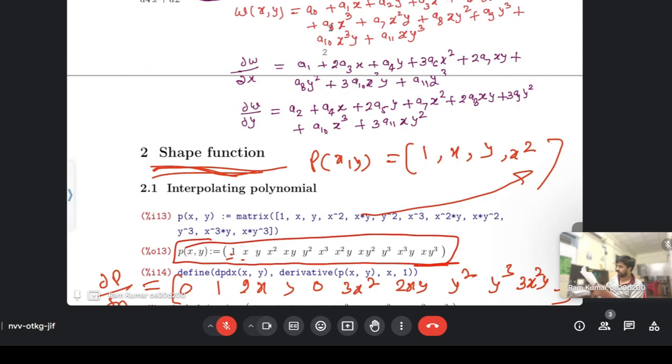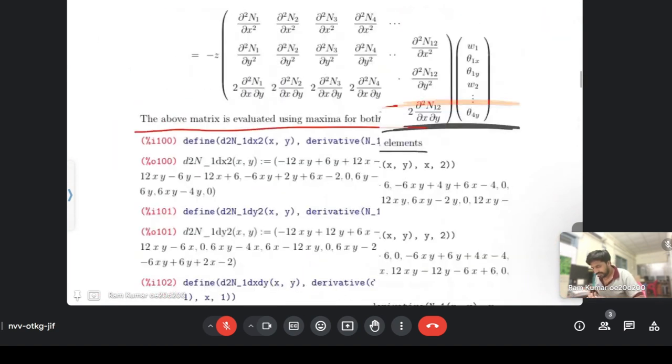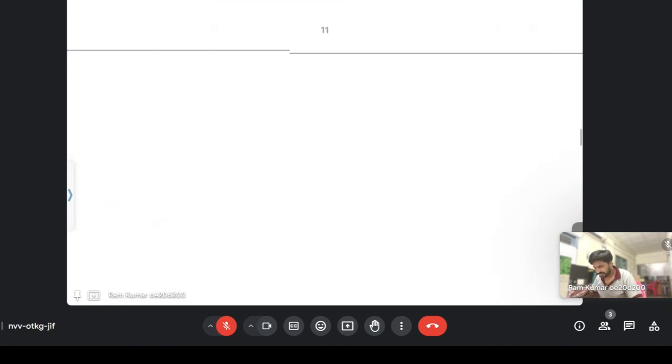So now this is your question. What question do you want to solve? We have one 4-node element.